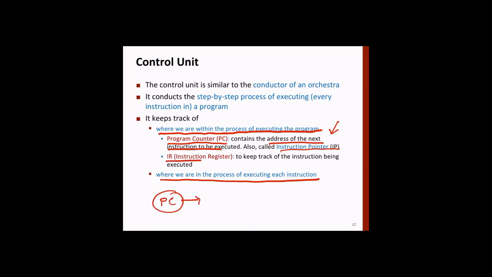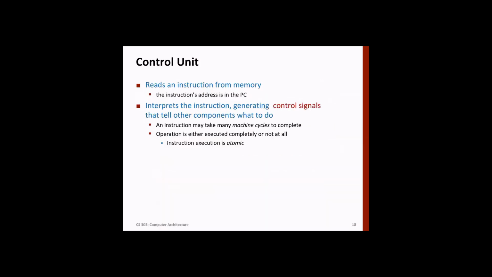The second is the instruction register, which keeps track of the instruction being executed. It actually holds the instruction to be executed. Like if the instruction is add A, B, C, then the instruction register will contain this instruction, which is under execution. All right, let's move ahead. Hope it's very simple.